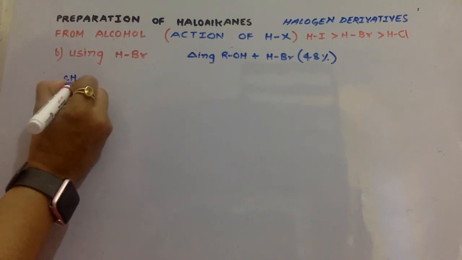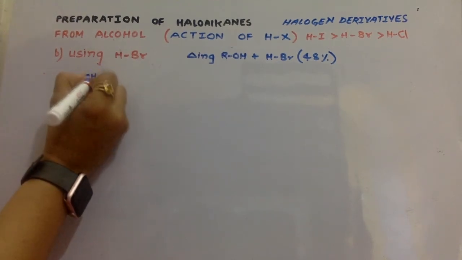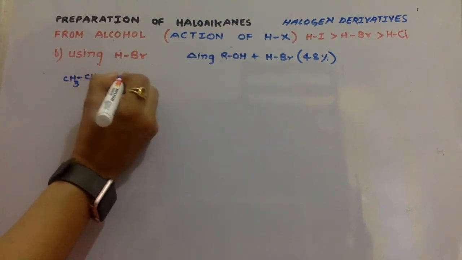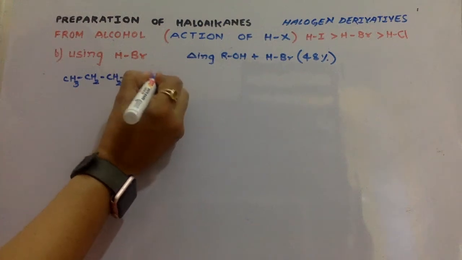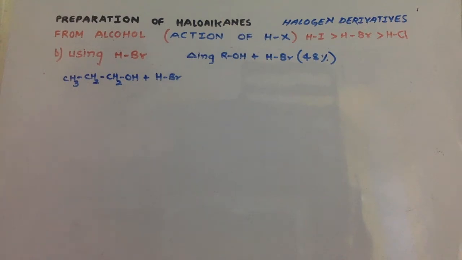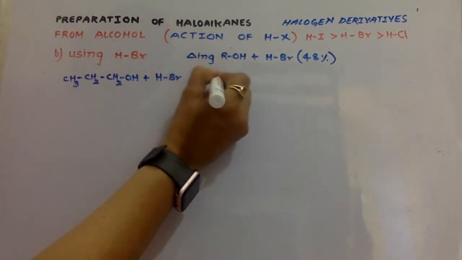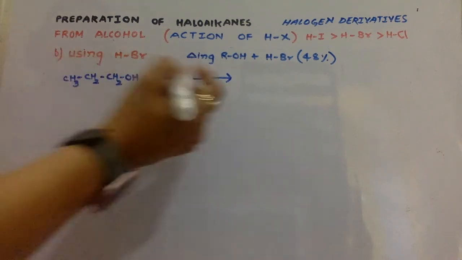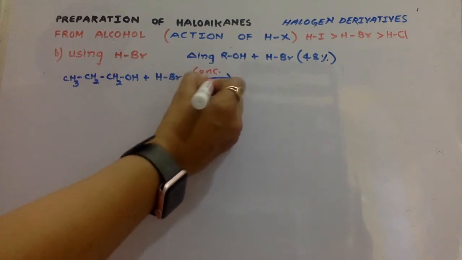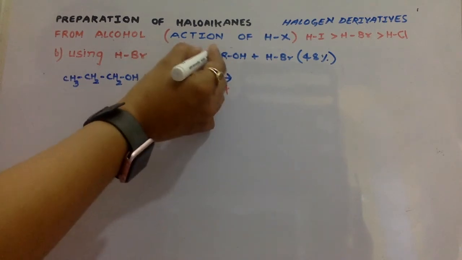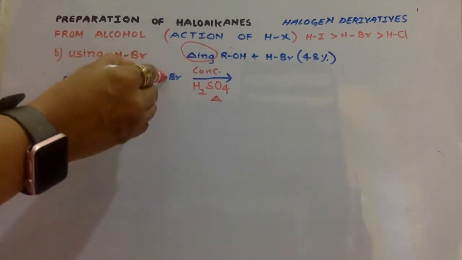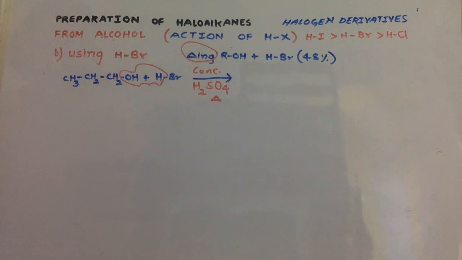I take propan-1-ol and I treat it with HBr, of course in presence of concentrated H2SO4 and heating, so I am putting the heat sign, and here this goes.